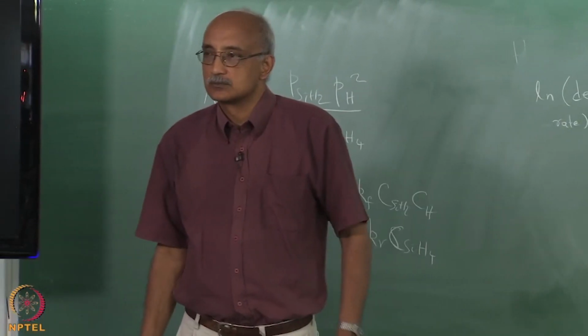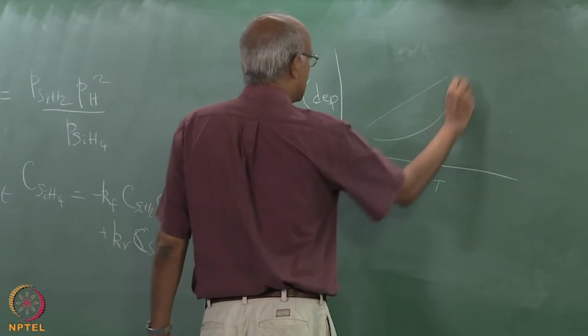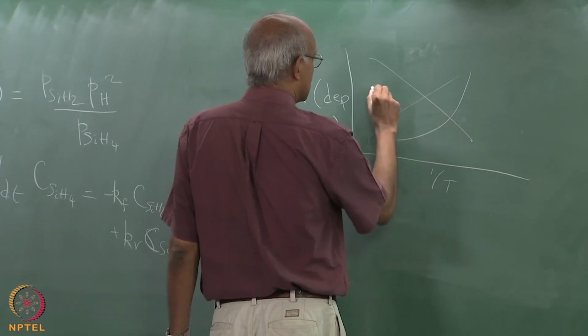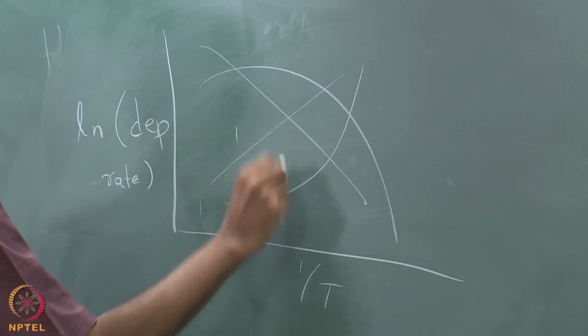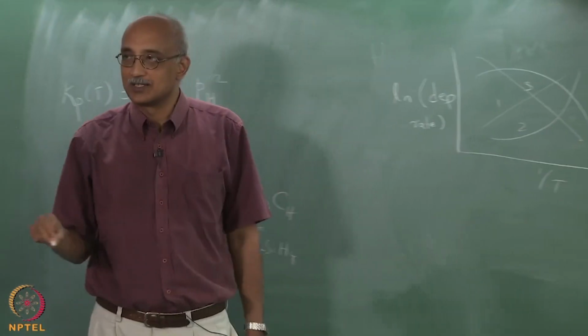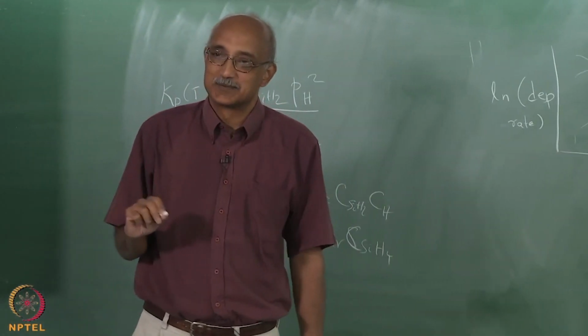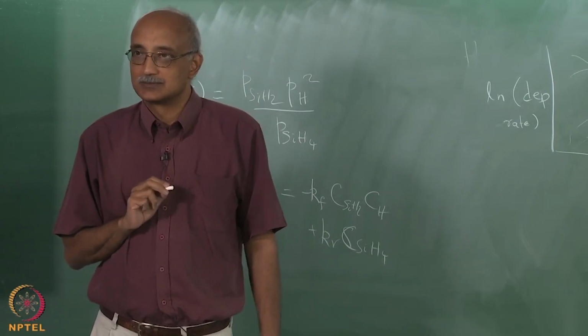Any idea? Will it look like this? Will it look like this? Like this? Like this? Let us say this is 1, 2, 3, 4. How many vote for 1? 2? 3? 3 is what?